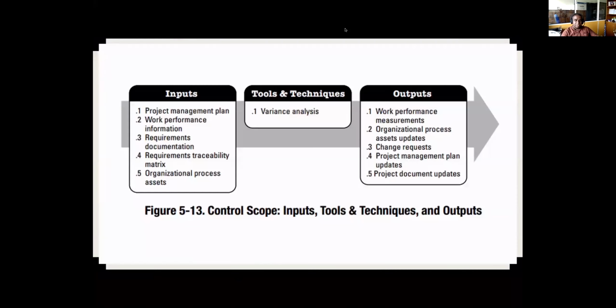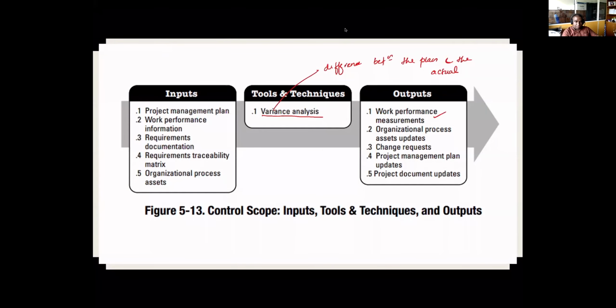Finally, it's controlling scope. The variance is the difference between the plan and the actual. Here, as far as the scope is concerned, is there a difference between the plan and the actual thing that we do? That's what we measure.